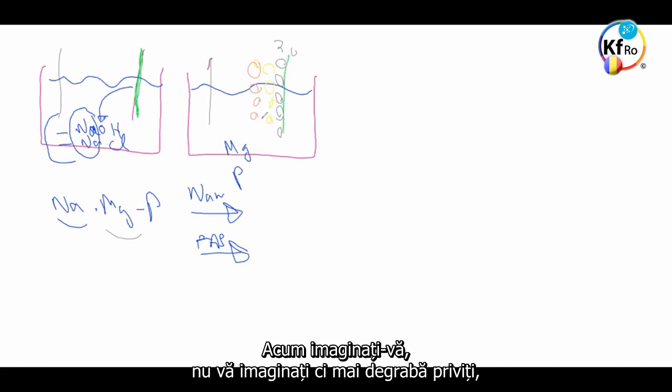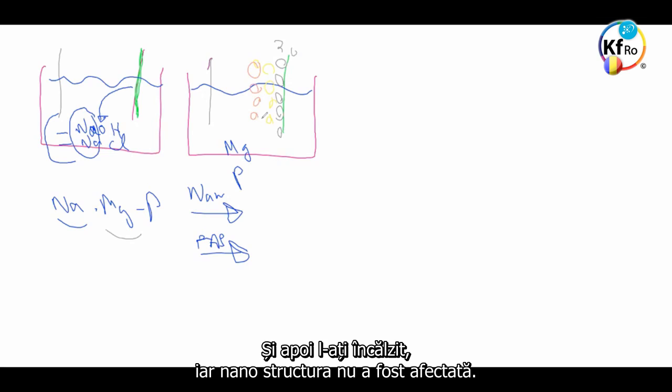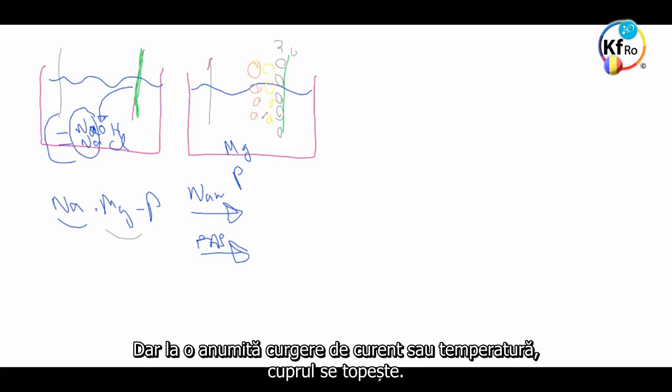Now, look at, you have a composite material, an alloy, which you decided before. And then you heated it up. The nanostructure does not get touched. But at given current flow or temperature, the copper melts.